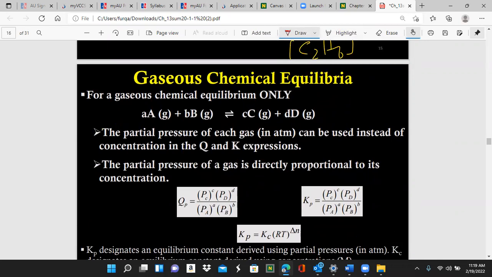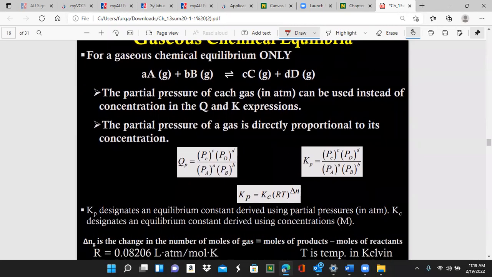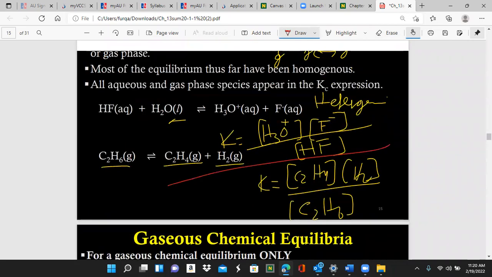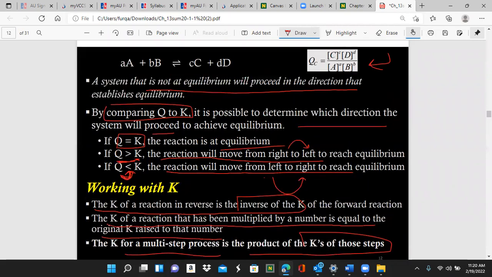Gaseous chemical equilibria: because the concentrations of gases are usually represented with the pressure in atmospheres, their atmospheric pressure is actually the concentration. So the way we were calculating the QCs, we're going to calculate the QPs now. Remember, we were calculating the QCs for the concentration in molarity.